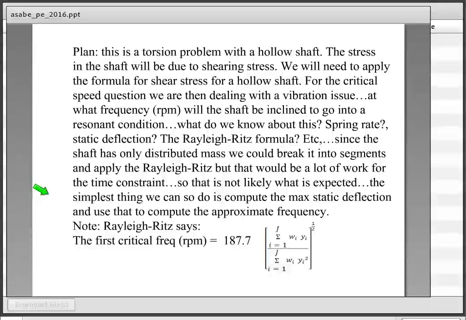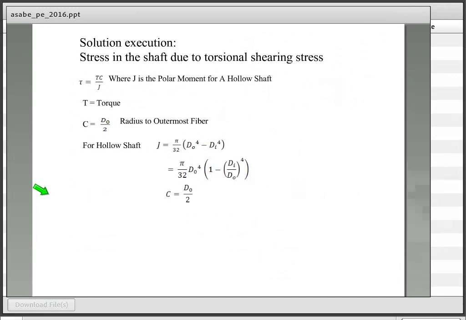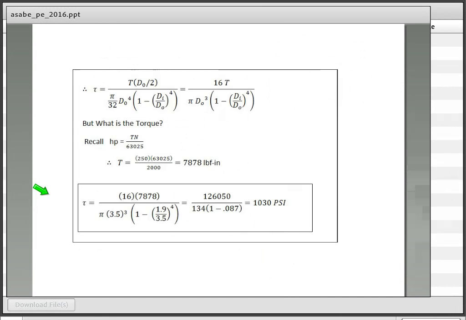But basically what this is doing is summing up the weights and the deflections along the length of the shaft, and then calculating the actual resonant frequency. So basically what it comes down to is what is the deflection in the shaft, and you'd be taking those deflections at various points along the shaft and summing them up to get an approximation.